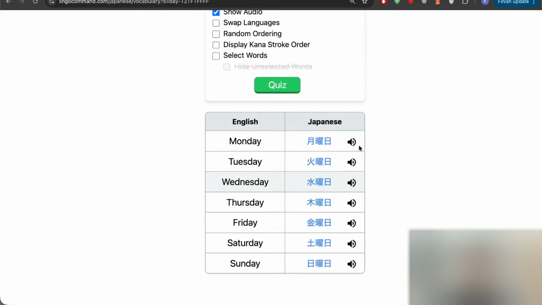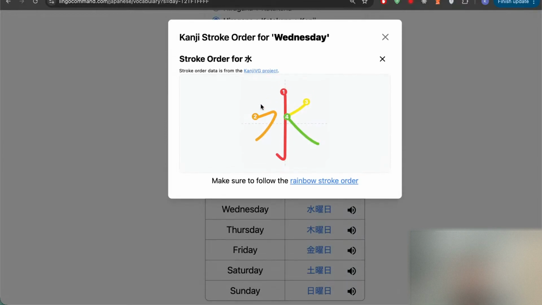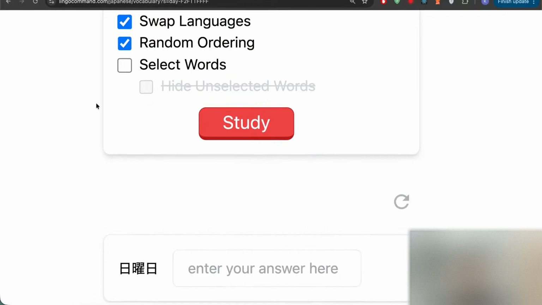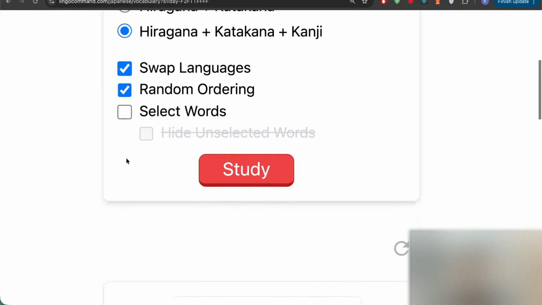Sorry, I kind of zoomed in too far there. So let's go again. So this first kanji is sui. The first stroke goes straight down, then we've got this kind of zigzag shape, and then it's 3 and 4 here. That means sui. I think the only way to really get this correct is just sheer repetition.